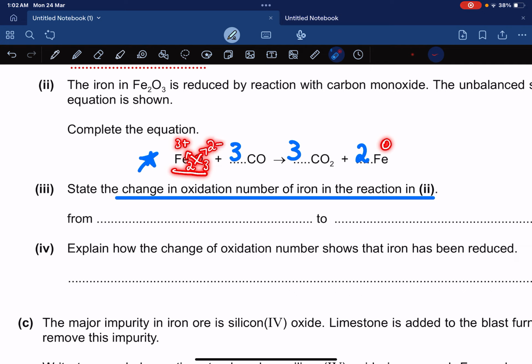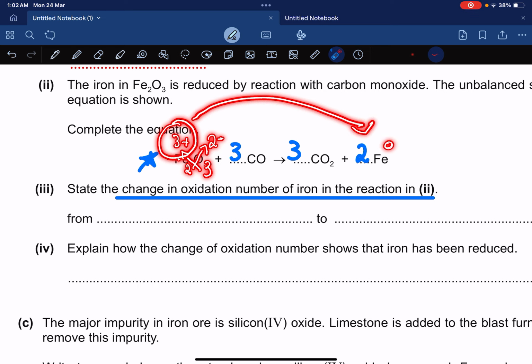So for Fe2O3, iron is going to have an oxidation number of 3 plus. How do I know it? Because the number written below oxygen is basically coming from the iron, and this 2 over here was the oxidation number of oxygen. So from 3 plus it's going to 0.